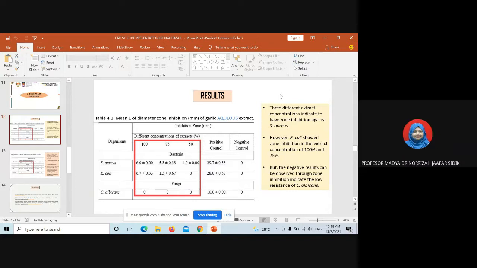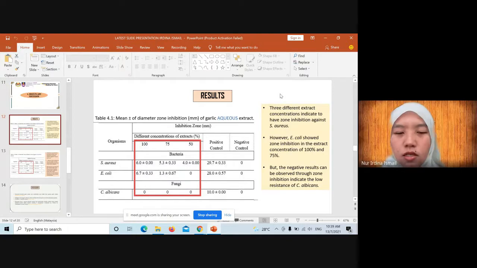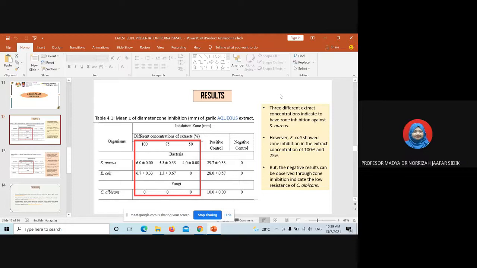What I mean is, when you compare your results with the positive control, how many times or how many folds is the mean diameter of zone inhibition of the garlic, for example here the aqueous extract, compared to the positive control?